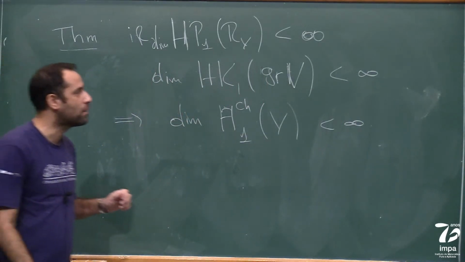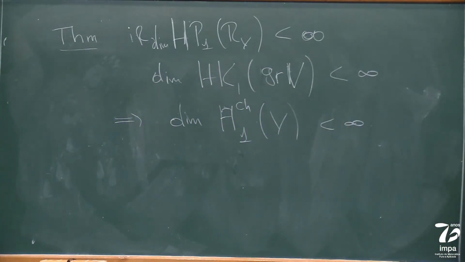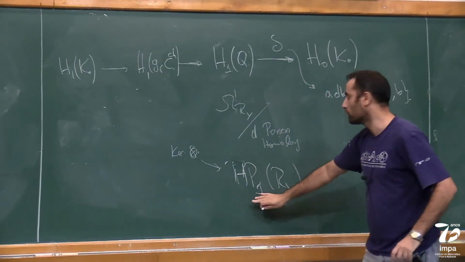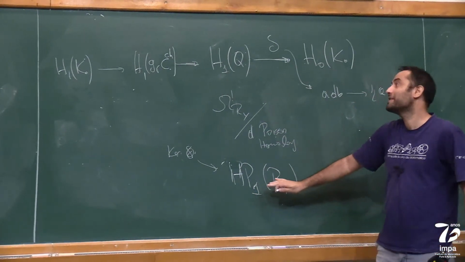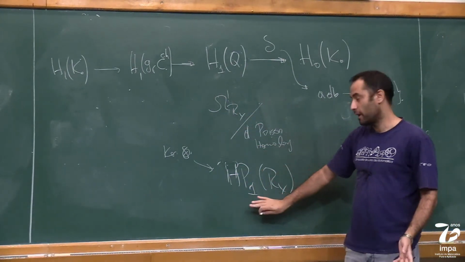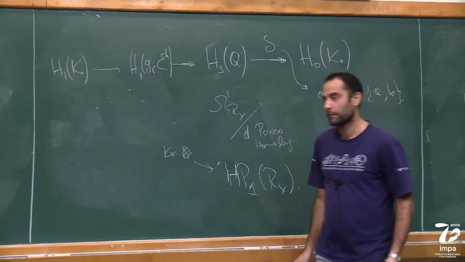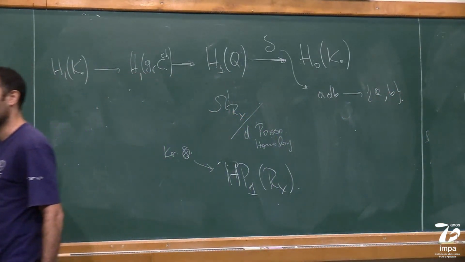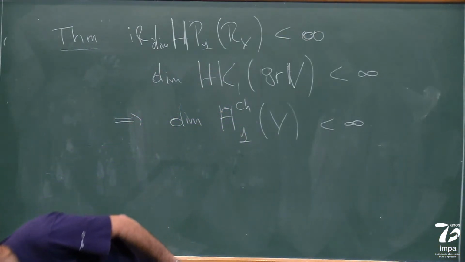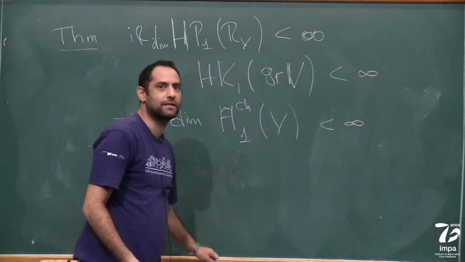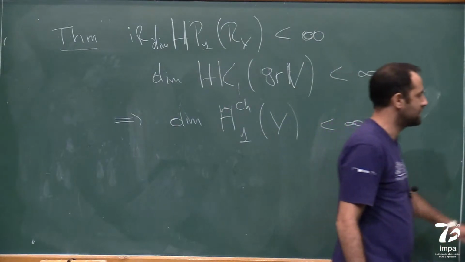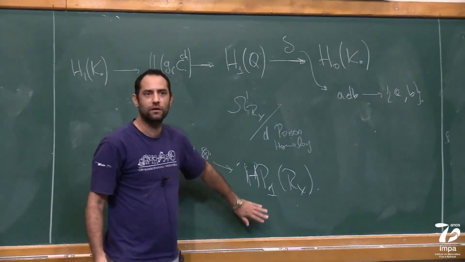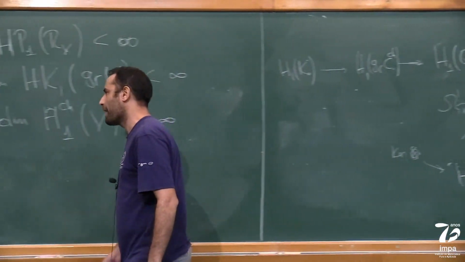Okay, so I've bounded this complex by this group and this group. This one we have some control over. For example, every C2 cofinite algebra would have this being finite dimensional. I'm not aware of nice examples of algebras where this is finite dimensional and the HP0 is not.